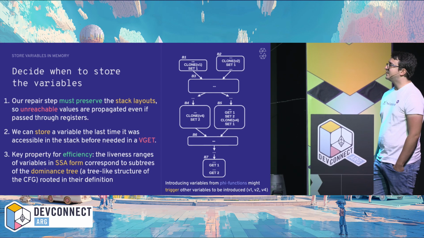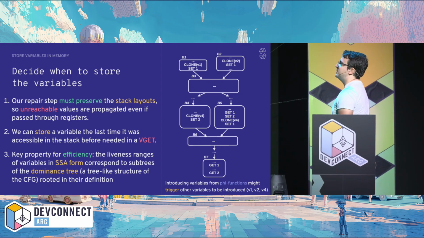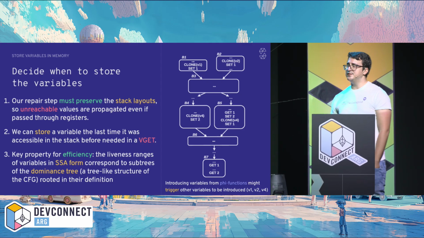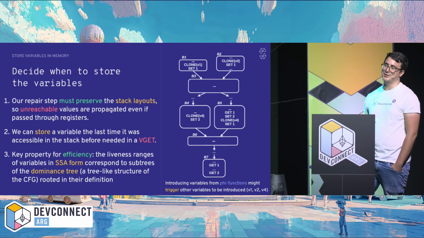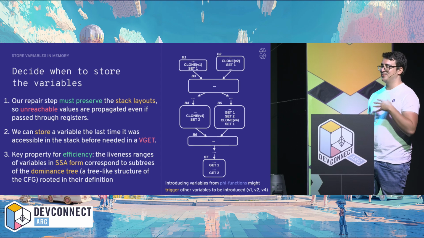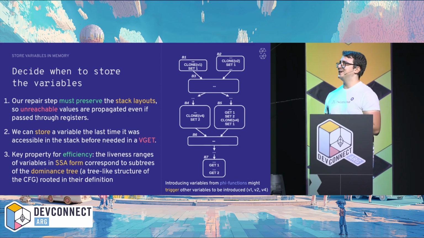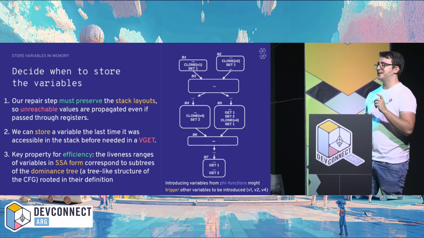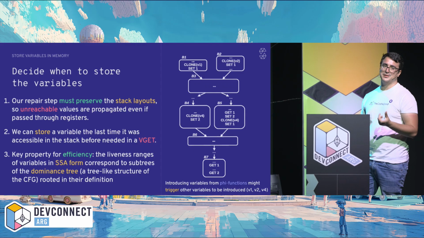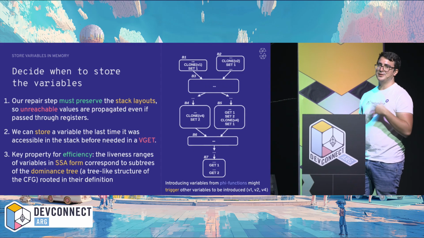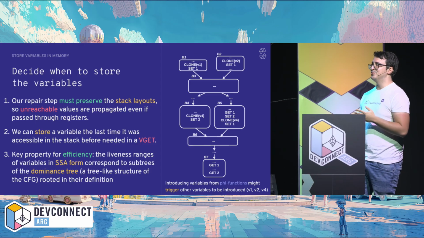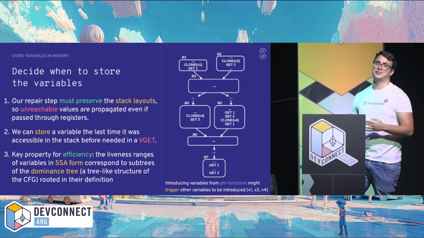Okay? Then, once I know everything that must go into registers, I have to decide in which program point they are stored. So of course, I could just store them when they are computed. But again, as we have the stack layouts that preserve all the information that we had so far, it is better to do it at a lower point, because this allows us to reuse more registers and not to use so much memory.